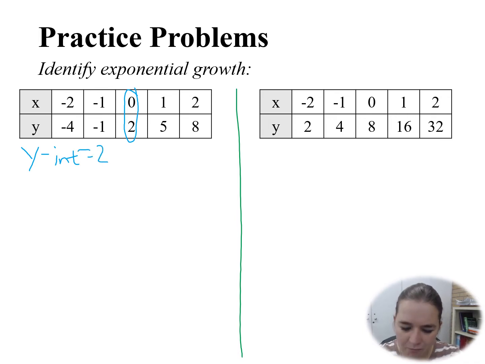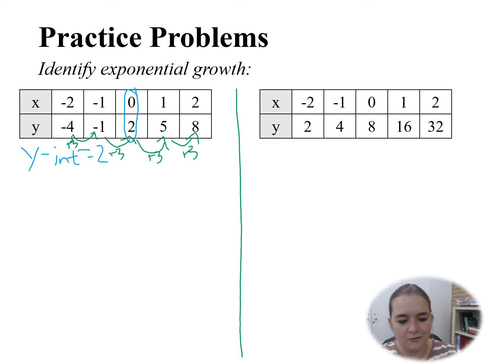Well, when I look at how my values are changing, I see my x is changing by 1 every time. I want to know how my y values are changing. Well, if I look to go from -4 to -1, I could either multiply by 4 or I could add 3. If I go from -1 to 2, well, if I want to see the same pattern, again, I see that I'm adding 3. So on this one here, I see that I'm adding 3 each time.